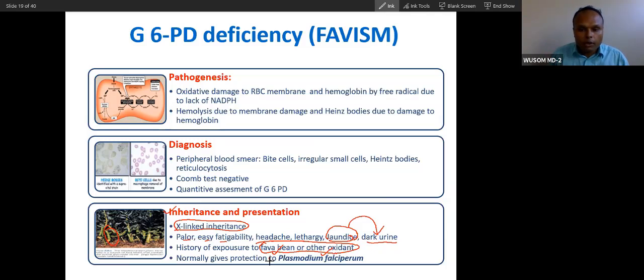In a normal individual, G6PD gives protection against Plasmodium falciparum infection, the very deadly cerebral malaria of all.